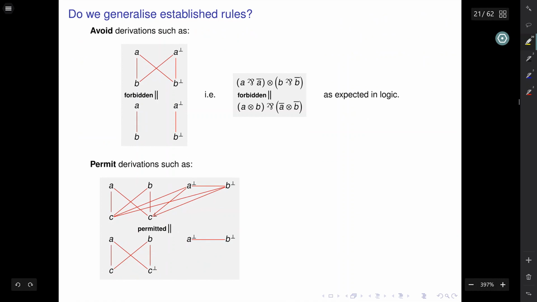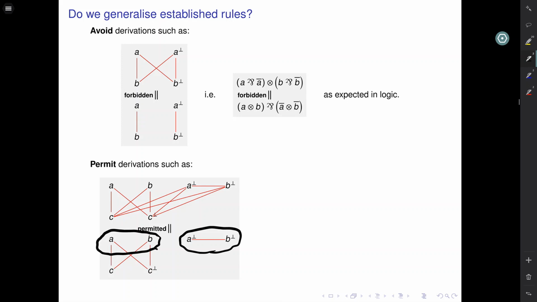We might also want to permit the following inference. So what's happening here is a little bit more complex. Essentially, we have this disjunction of 2 graphs, and the graph on the right is moving inside the other graph. It's moving inside a module, or a module of a graph is essentially a subgraph which is connected to everything on the outside in the same way and works like a context in formulae.